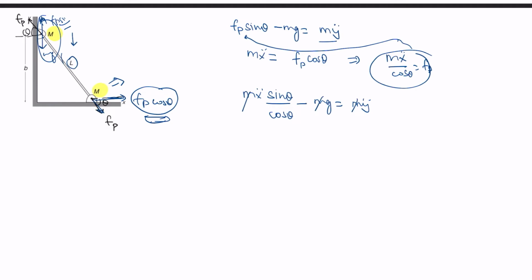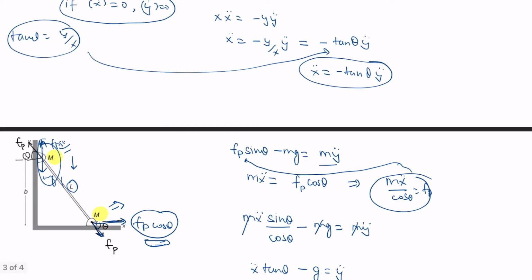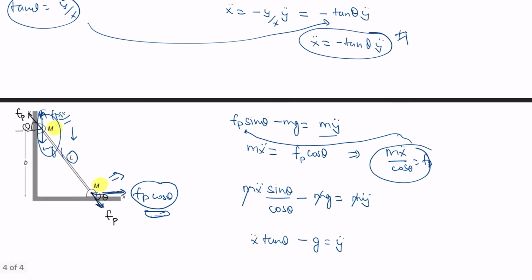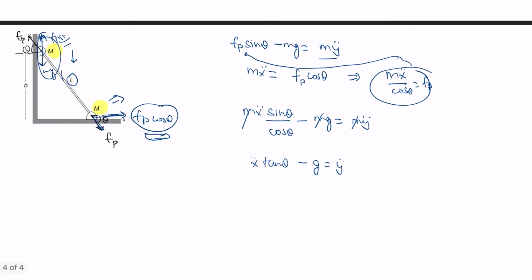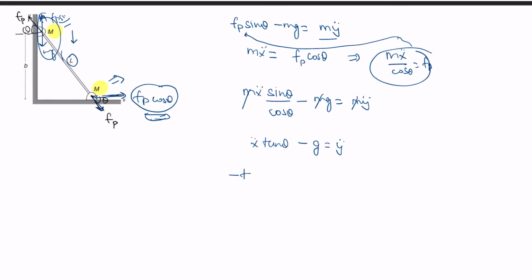The m cancels out, and I'm left with tan theta x double dot minus g equals y double dot. Now here we have learned this relation, so I will just put it there. In place of x double dot, it will be minus tan squared theta y double dot minus g equals y double dot. This implies that y double dot equals minus g upon 1 plus tan squared theta, right?